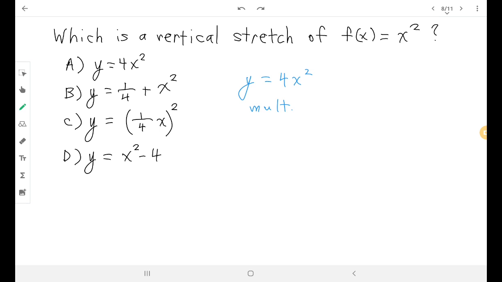So multiplication by 4, not grouped with x. So what does that tell us? That tells us that we're not grouped with x. So first of all, the multiplication tells us a stretch or a shrink.